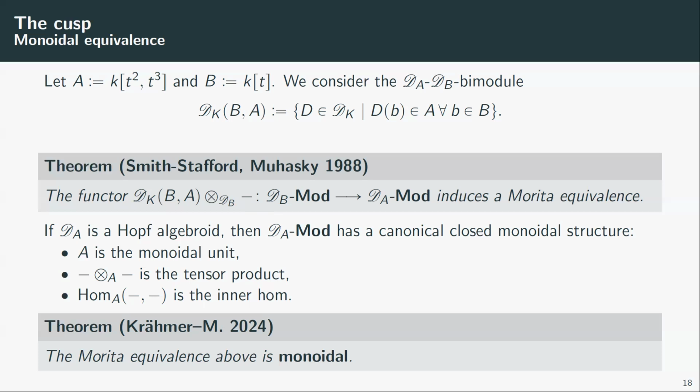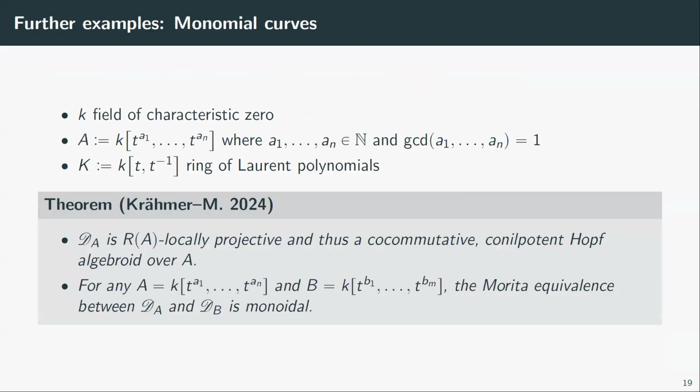So do you know anything about the structure of cusps that do not satisfy this GCD condition that you had? I don't know. These were the ones we considered because the argument worked for them.